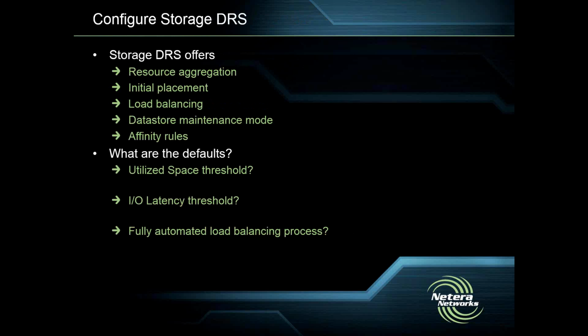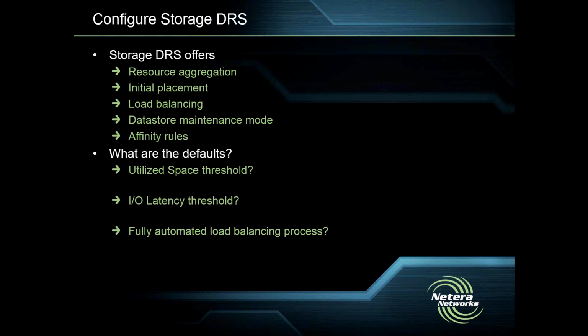So initial placement deals with ensuring your capacity, right? You have two things to worry about when you place VMs across data stores: the capacity in that particular data store, and of course the performance that you're going to get from that data store.